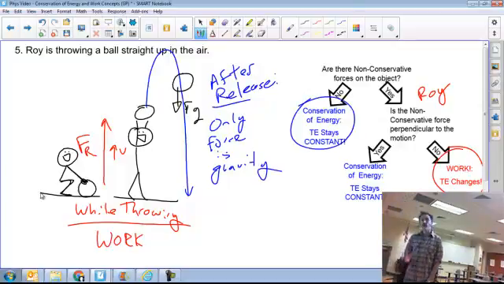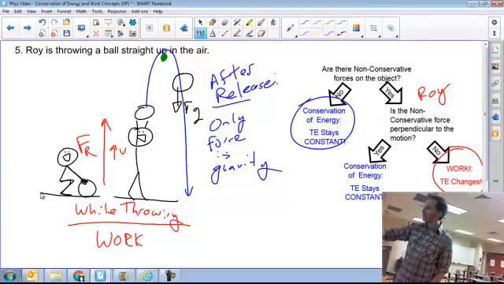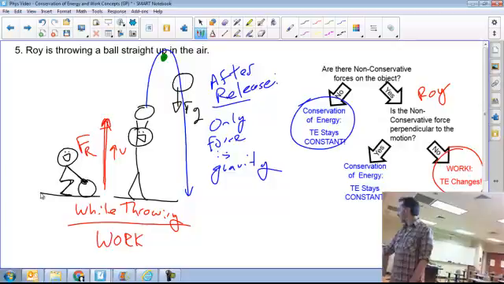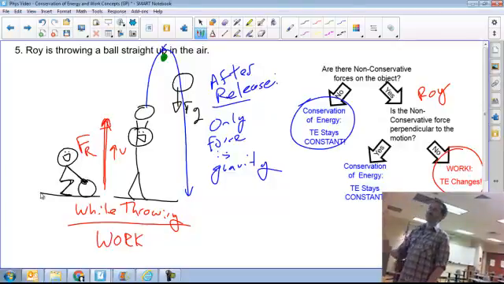So the goal here is, in order for him to get the keg up over the chain he's trying to throw it over, during this red portion, while he's throwing it, he needs to give the keg enough energy, enough kinetic energy, which will then get converted to gravitational potential energy to get it up over the chain.